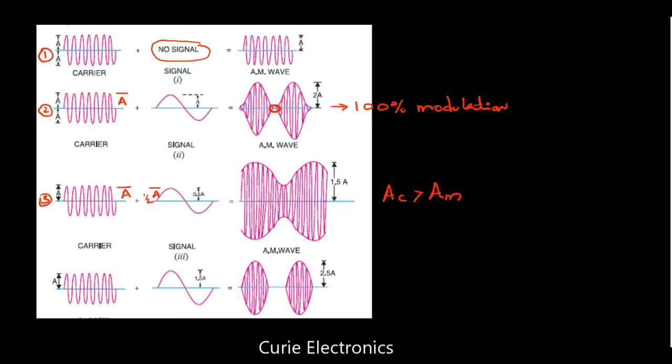Now the last case is known as over modulation. What's happening here? Carrier amplitude is A, right? But the signal amplitude is higher than the carrier amplitude, that is 1.5 times the carrier amplitude. So we are completely losing the waveform, and clipping also happens. This is known as over modulation.